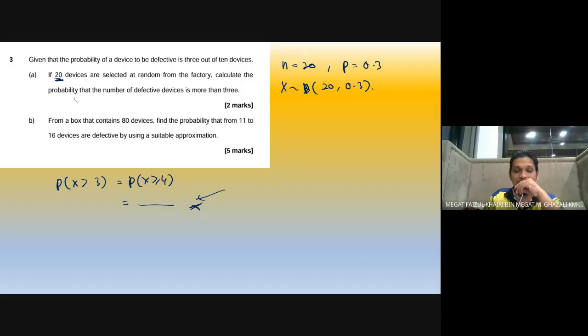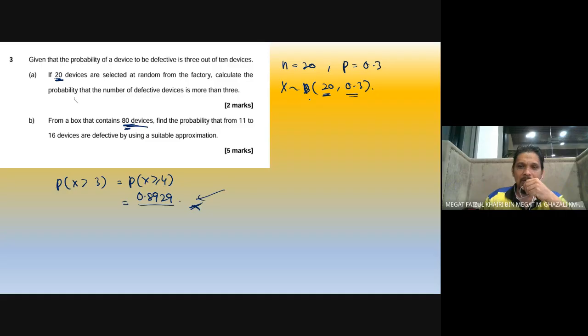It's not the book that you have in your hand right now. They will give you a different set of statistical books. So you use the book in the exam and find where n is 20, p is 0.3, and r equals 4. It gives you 0.8929.